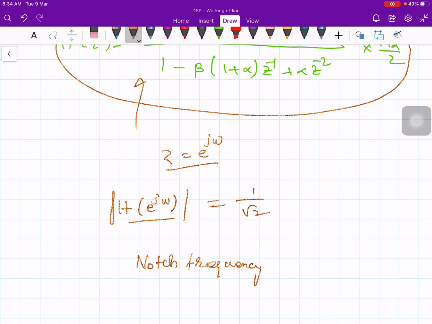Take the magnitude, and then you get the frequency. That frequency is denoted by omega naught, the notch frequency.